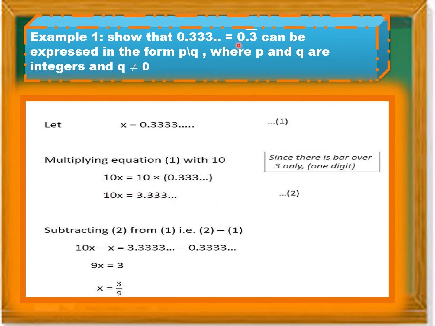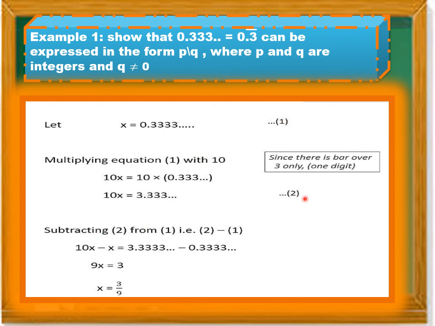Keep in mind that if the bar is on two numbers, we are going to take 100, and if the bar is on three numbers, we are going to take 1000. We will come to a clear definition in the next example. Here it is only one number, so we take 10 and multiply on both sides. Mark these as equation 2 and equation 1.